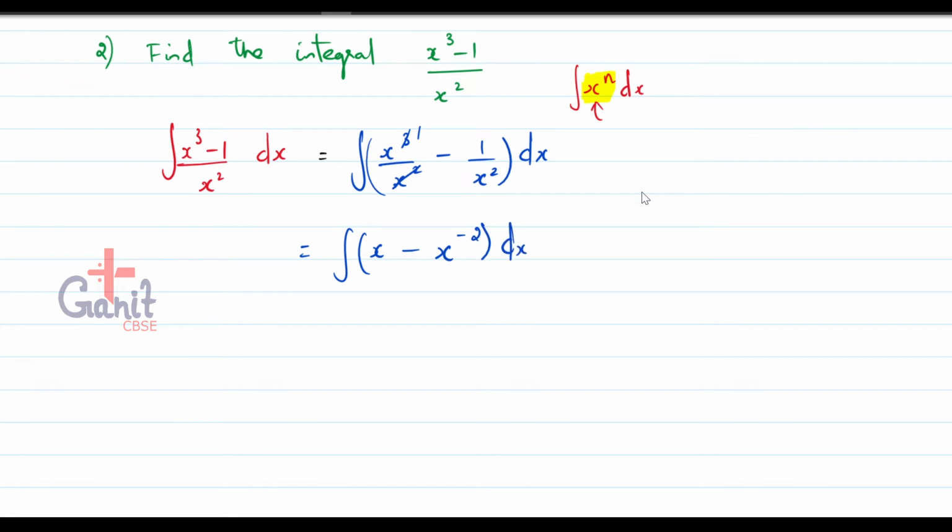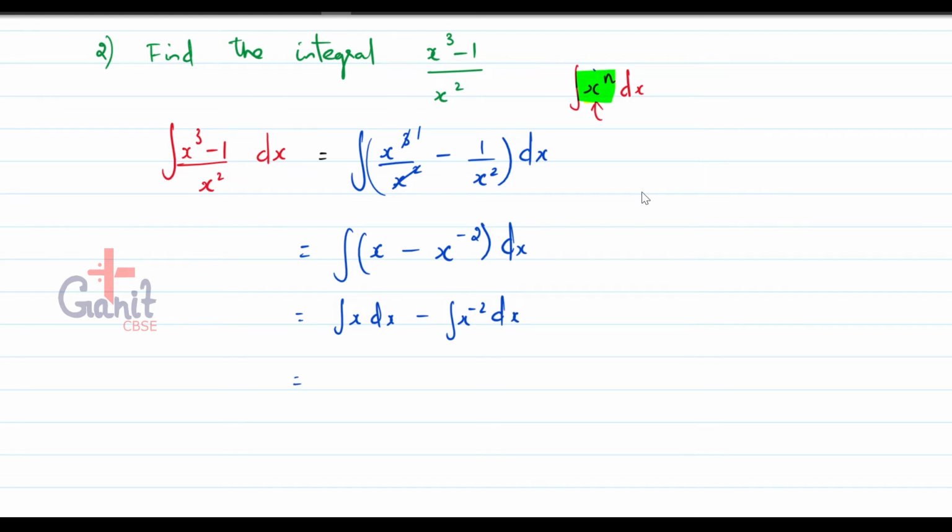Because we need to have x to the power n, and it should be a separate individual term. So now we can integrate. Integration of x to the power negative 2, we are going to apply the formula.